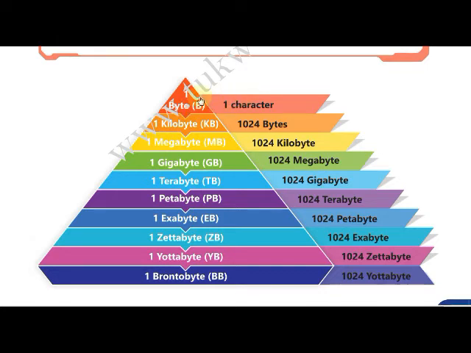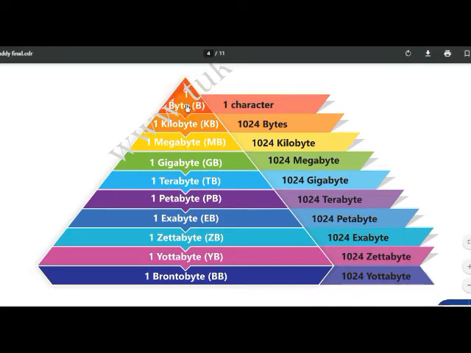And for your information, in a single byte 8 bits are there. How many bits? 8 bits. 8 bits make 1 byte. And 1 byte is equal to how many characters? 1 character.